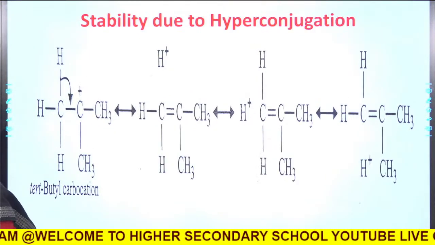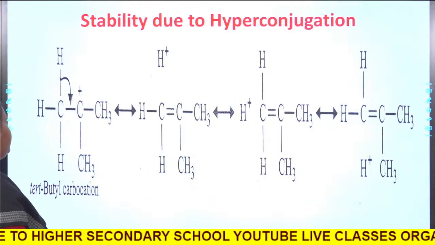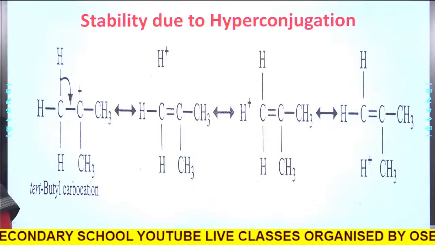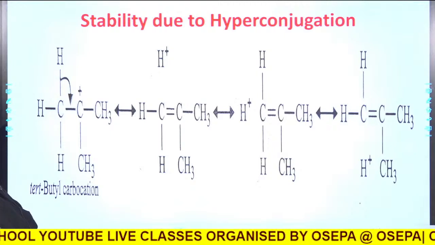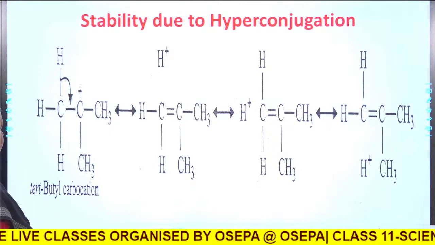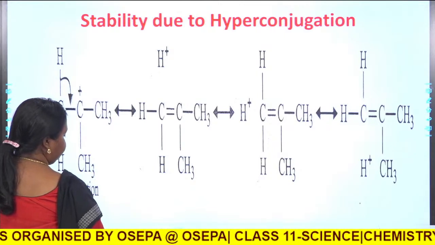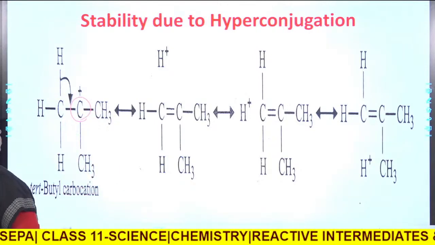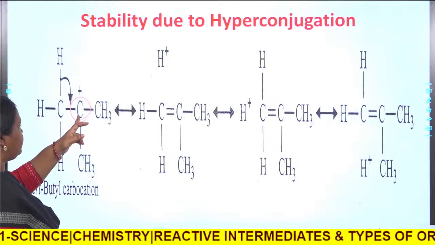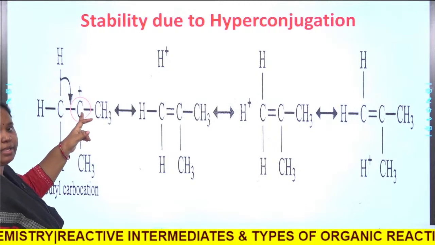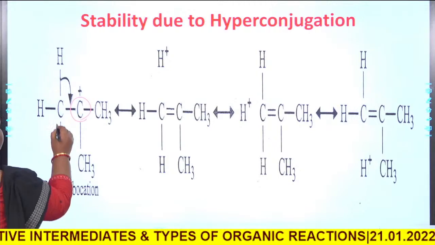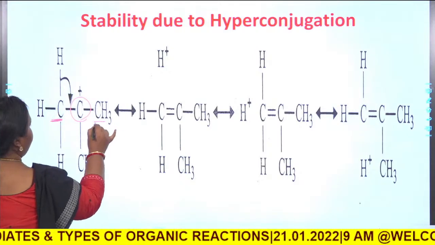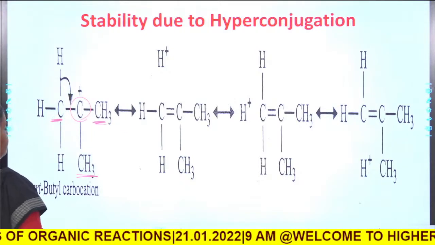let us take the example of tertiary butyl carbocation. Here mark how many alpha hydrogens are actually there. This is the carbocation. So, the carbons which are directly attached to the carbocation are alpha carbons.